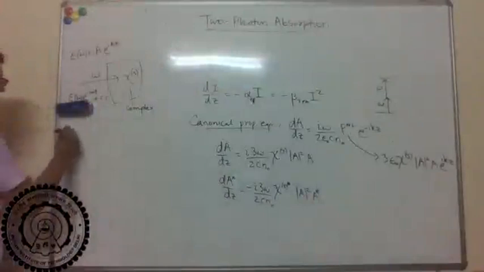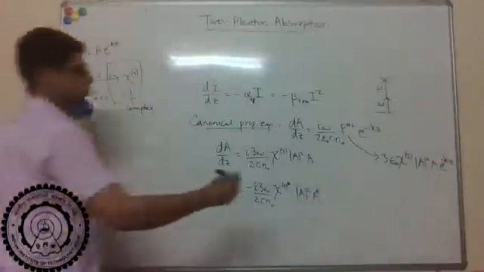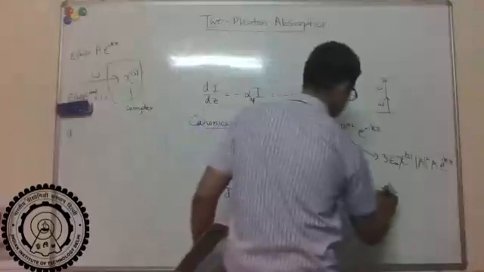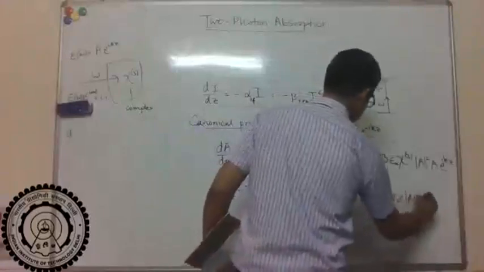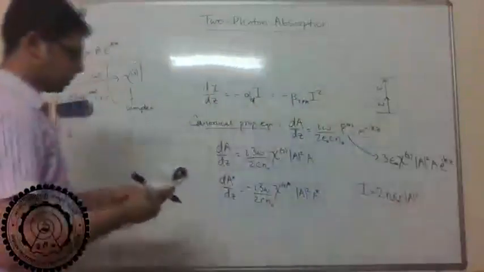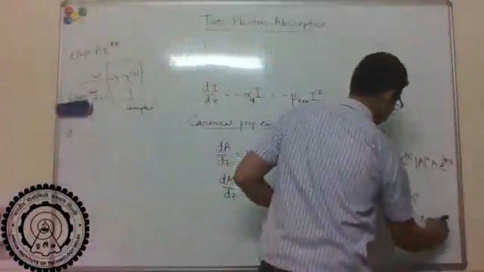Right, so firstly, the intensity is that, and this is just A times A conjugate.